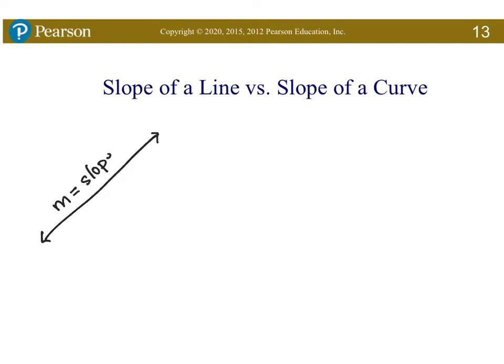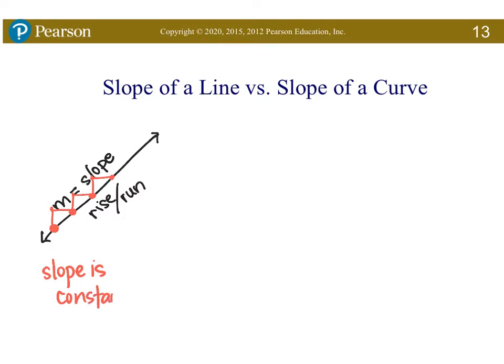Some slopes are positive, so that would be rise over run. And some slopes are negative, but we know that the slope is consistent either way. So if you start at a point, the rise over run that would get you to the next point would be the same every single time. Okay, the slope is constant.